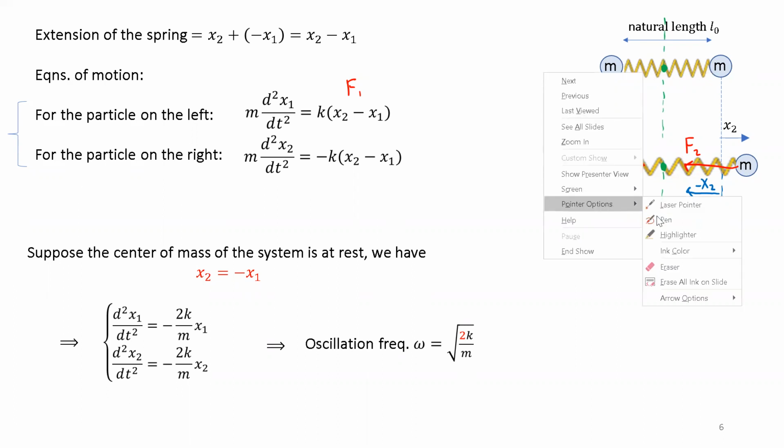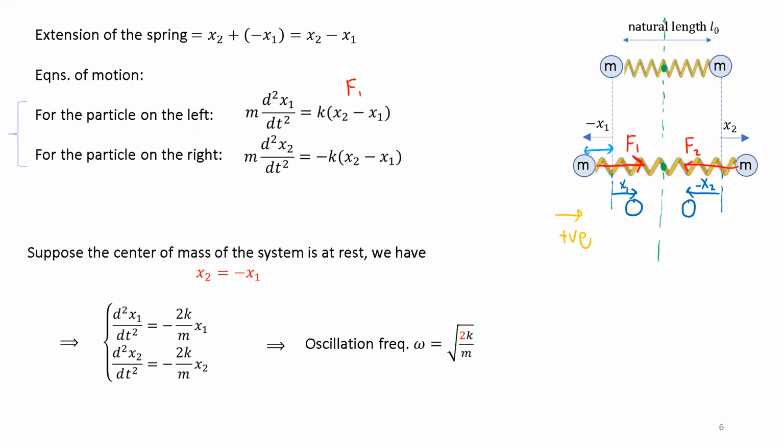So if you just look at this half, what you see is really just a regular simple harmonic oscillator, but with a short spring. The length is exactly half of the original length.